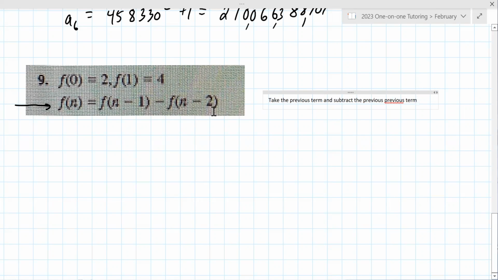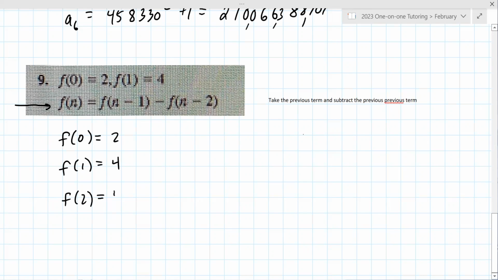If you were to make a list here, that's why sometimes it's better to write these out this way. The second term means to take the previous term, which is 4, and subtract the previous term, which is 2.